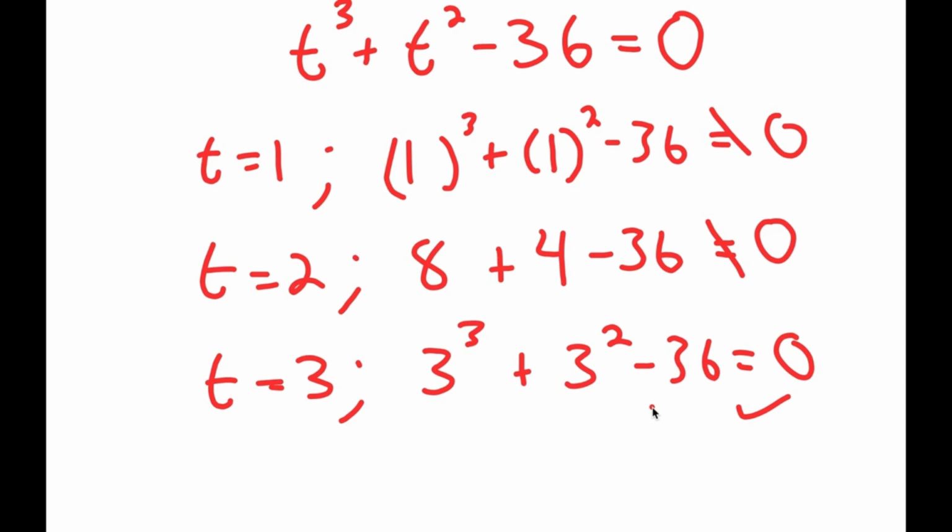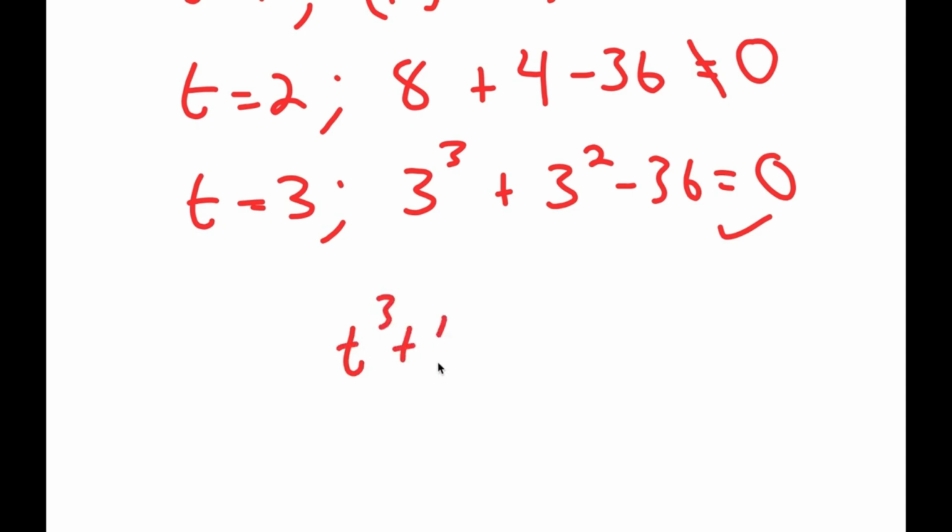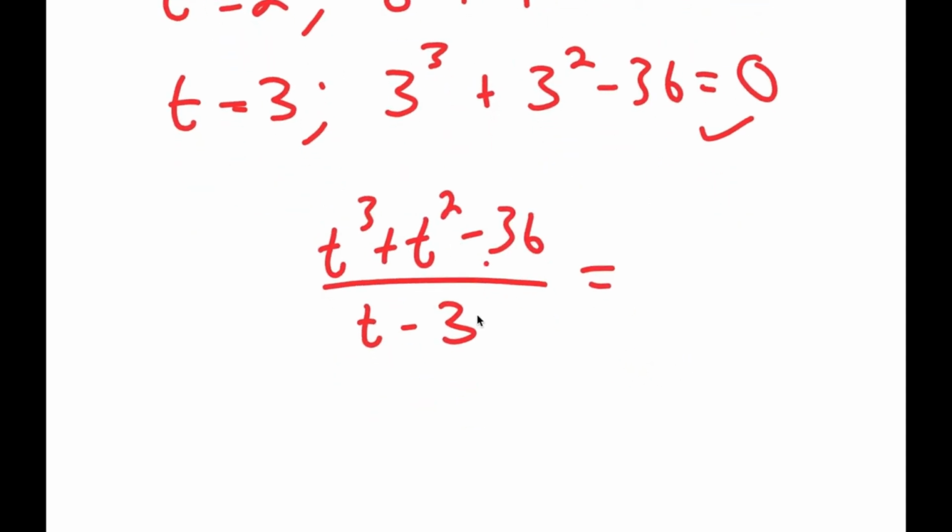Now what we can do with t equals 3 is divide t to the power of 3 plus t squared minus 36 over t minus 3. And whatever equation we get from this is what we have to factor out and find the solution to. So how do we divide these two?